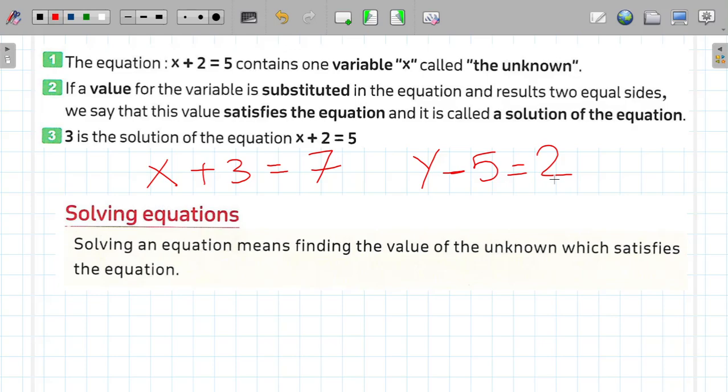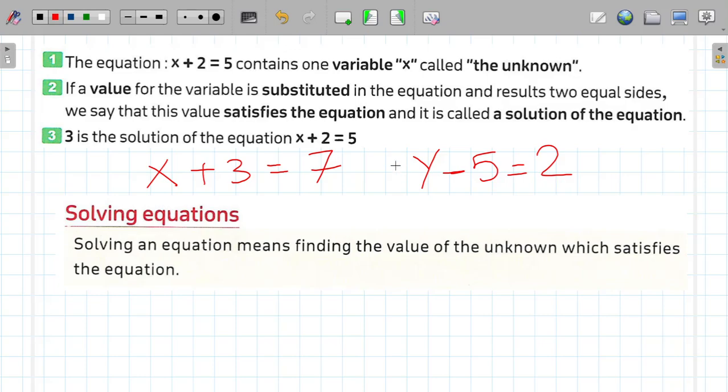So 7 is the solution for this equation. Solving the equation means finding the value of the unknown. Here I found the value of x, and here I found the value of y. So I solve every equation by finding the value of the unknown which satisfies the equation, making the equation correct.